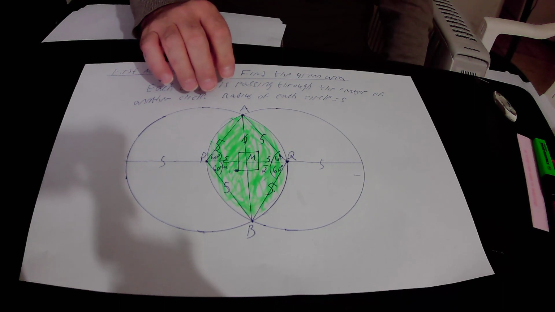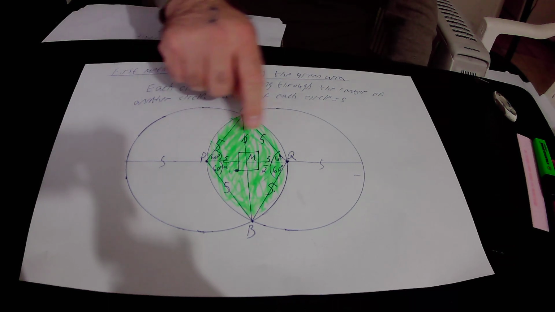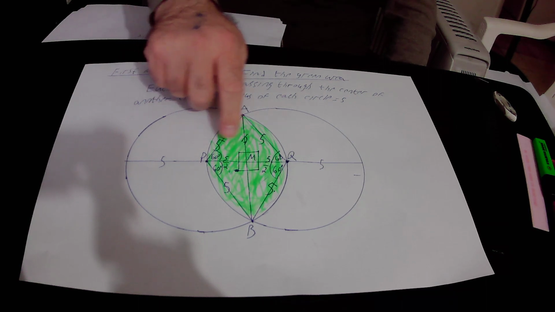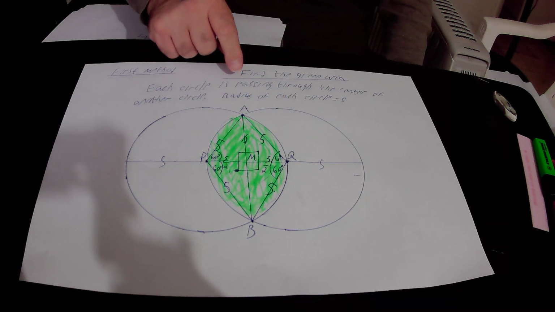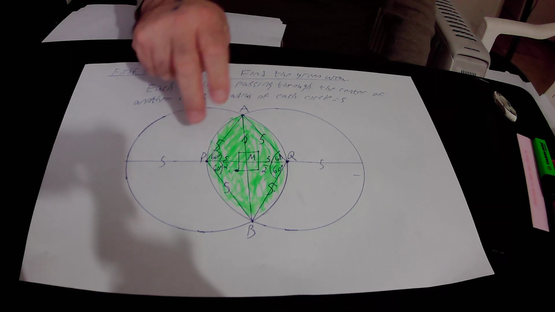and then we join together points A and B and points P and Q. AB and PQ are the diagonals of rhombus APQB.